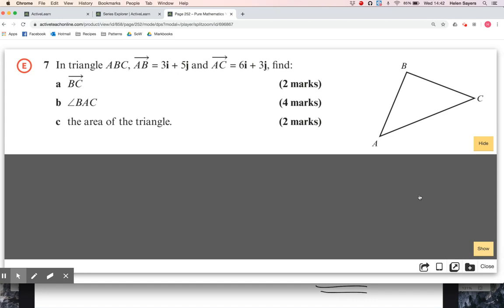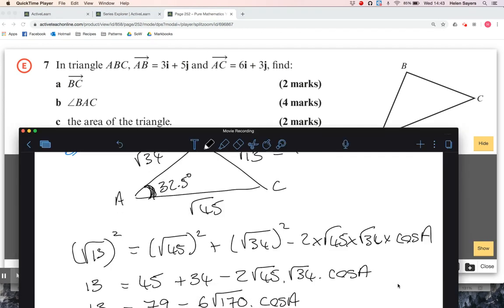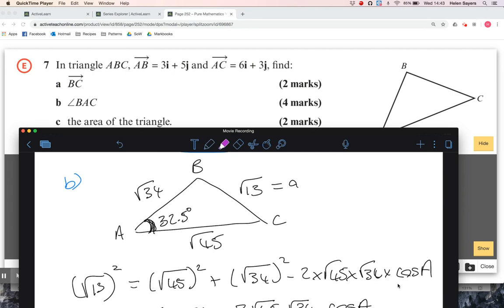Okay, and then area of the triangle, that's only worth 2 marks. Now I know that is 32.5, and I'm not going to clear that answer that I already have, so I'll use 32.5. But if I hadn't accidentally cleared that from my calculator, and I wasn't feeling lazy, I would use the exact answer there.